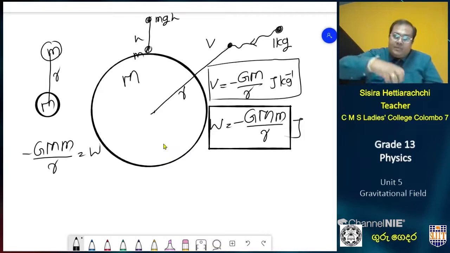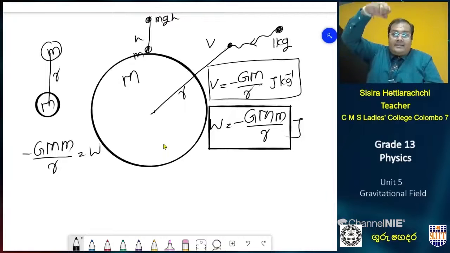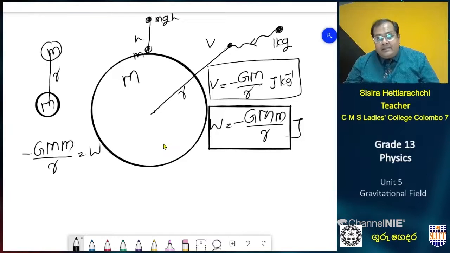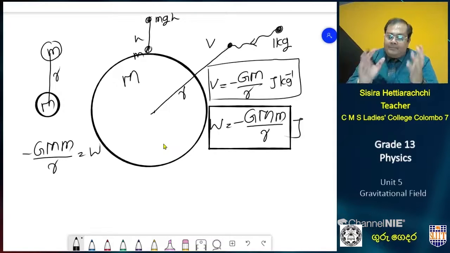If you move some object upwards a distance h, you will say, I did only MGH on that object. But actually you increased the energy of both Earth and the object. MGH means energy stored in both.